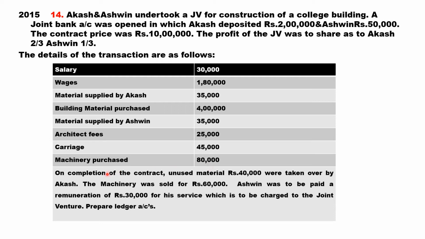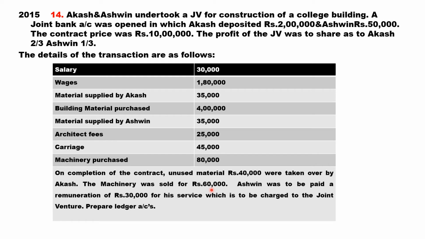On completion of the contract, unused material of 40,000 was taken over by Akash. So Akash took over material for rupees 40,000. So 40,000 will be recorded in two places. It will be recorded in joint venture and co-venture. The machinery was sold for rupees 60,000.